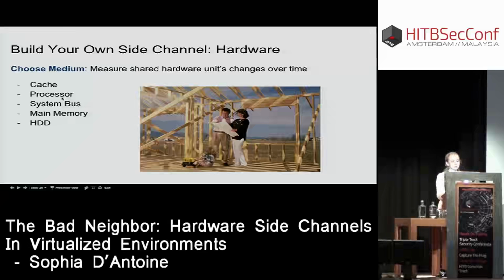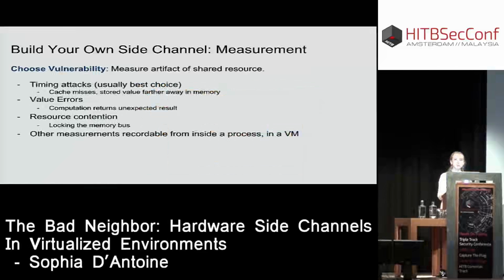So something of this. You have to choose a method that you're going to use to make a measurement across this shared piece of hardware. So are you going to use a timing attack across this shared hardware to measure cache misses and use that to send bits of information? Are you going to use computational results to say, oh, an incorrect value here can imply something else? Resource contention is something else as well that people have used.